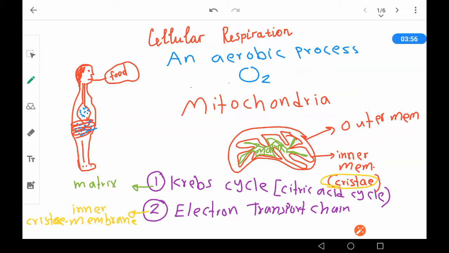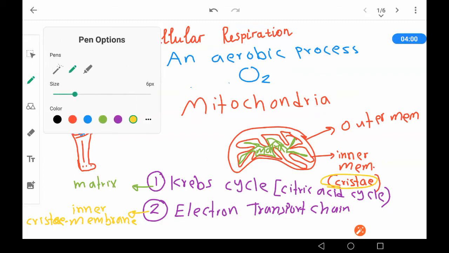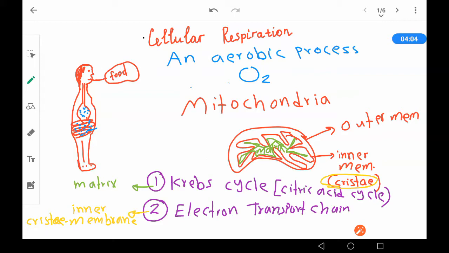So the aim of cellular respiration that we have to know is producing energy in the form of ATP. Where do we get this energy? From eating food.